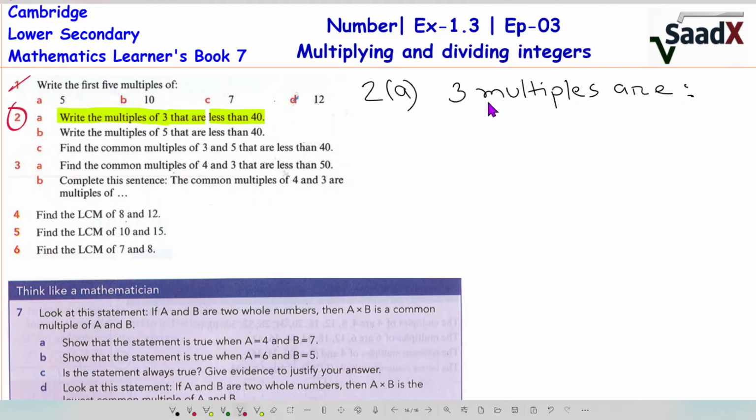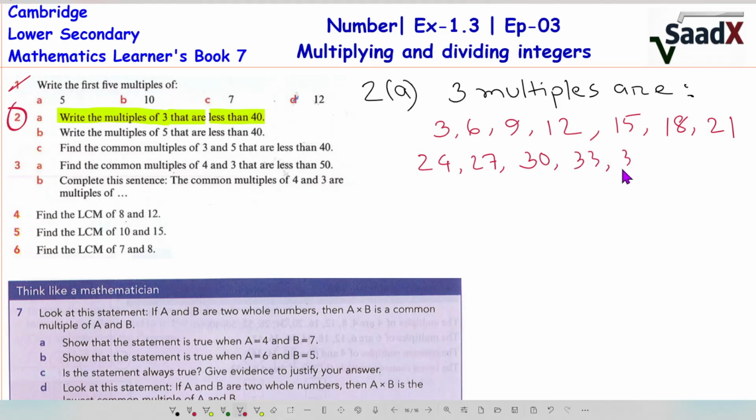so we can write the first one is 3, then 6, then 9, then 12, then 15, because 3 times 1 is 3, 3 times 2 is 6, 3 times 3 is 9, 3 times 4 is 12, 3 times 5 is 15, 3 times 6 is 18, 7 is 21, 8 is what? 24, then 27, then 30, then 33, then 36, finally 39.